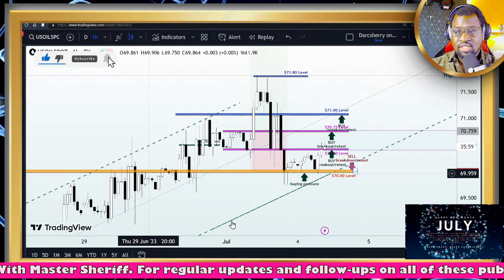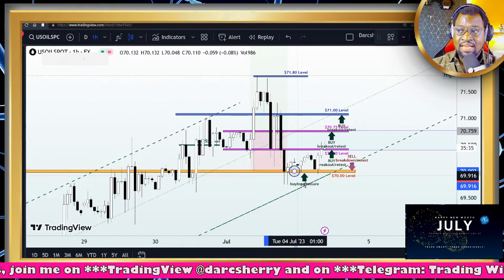And for me, this is a clear sign that we might likely be getting ready for another wave of bullish momentum. But how to anticipate that is what we are going to be looking at today, so that we don't just jump into any unnecessary trade at this point.